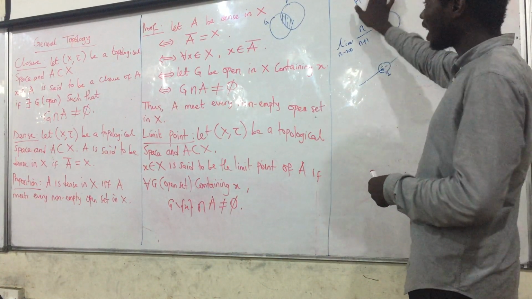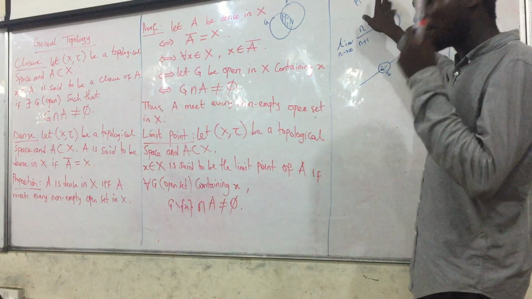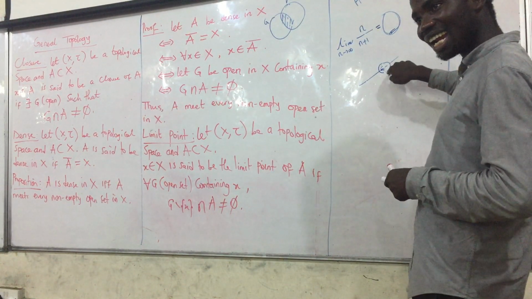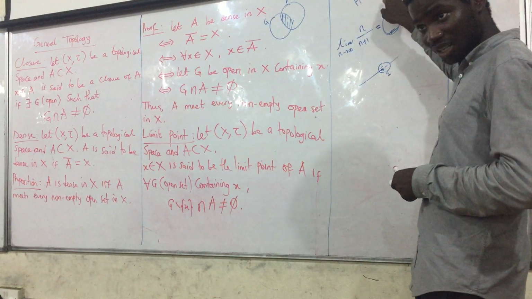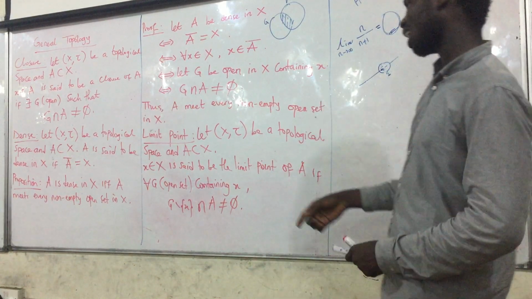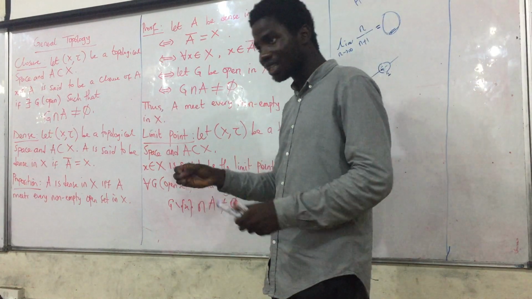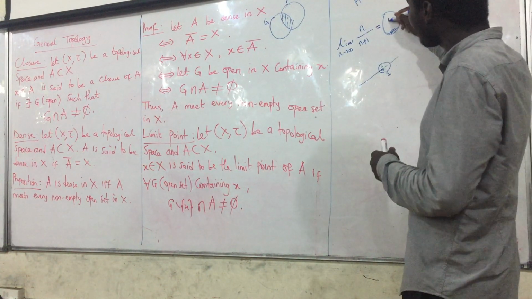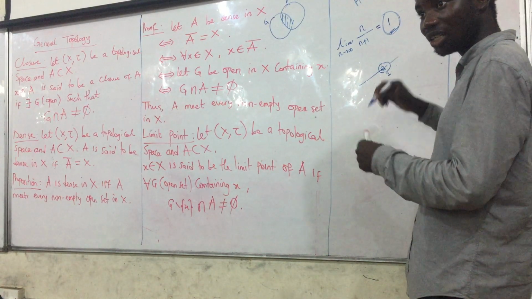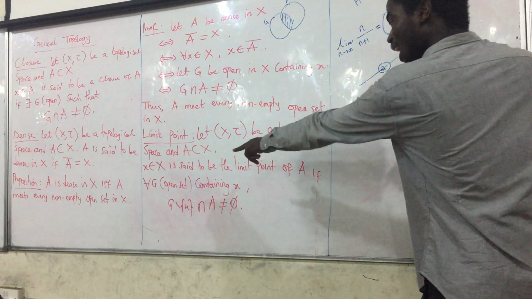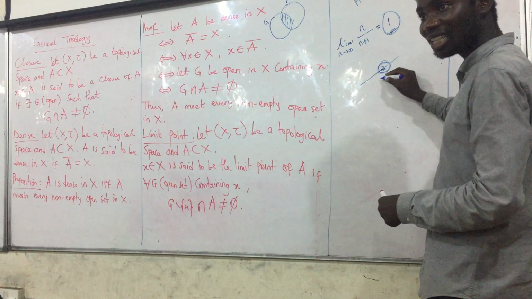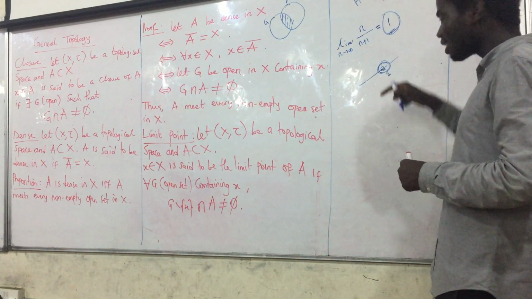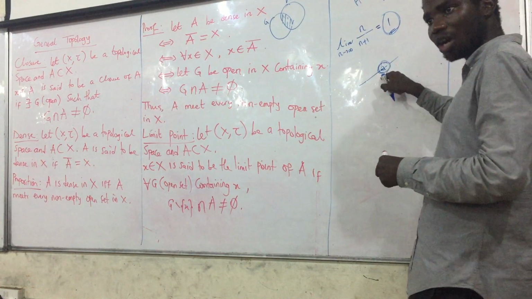They are elements of A. So even if you remove 1 in particular, there will still be 0.999999 in this place. If you remove the point 1 and take an open set, there will still be other elements of A inside the small open set.